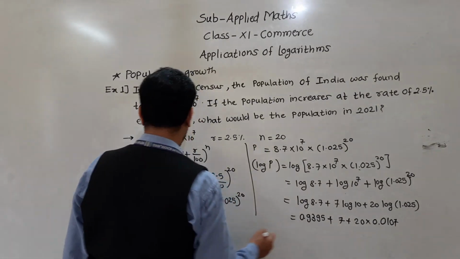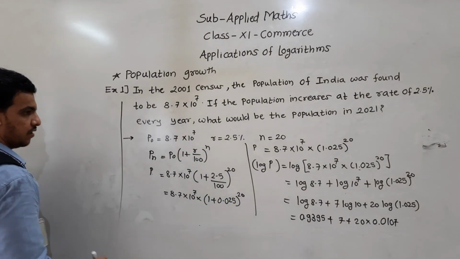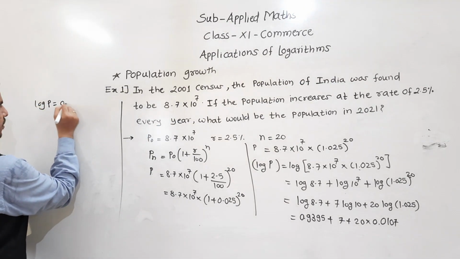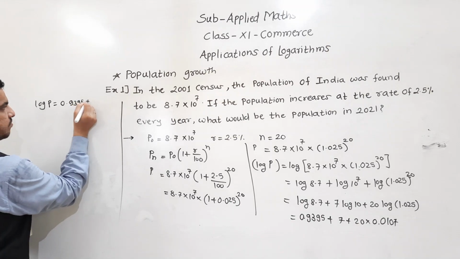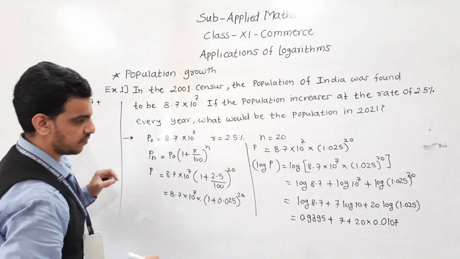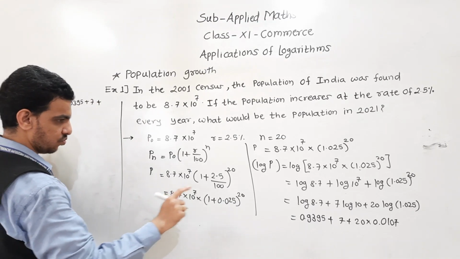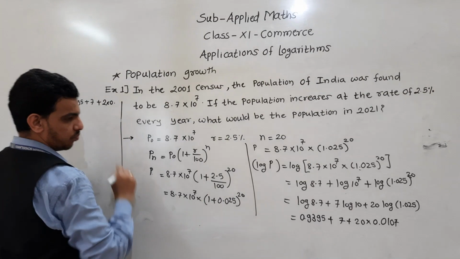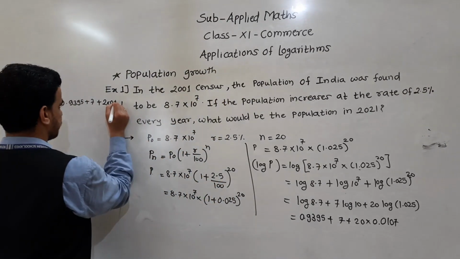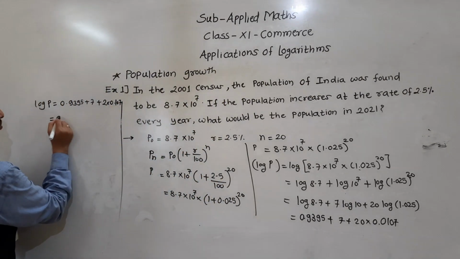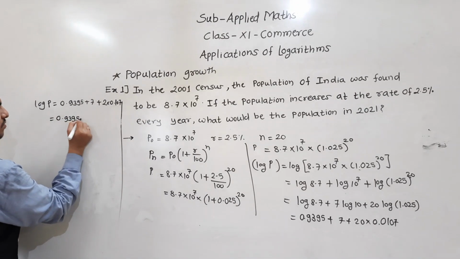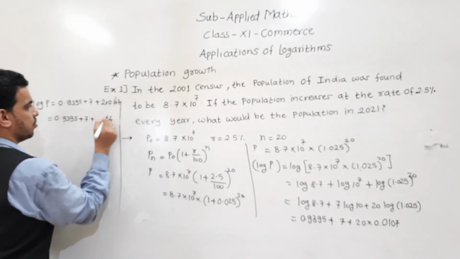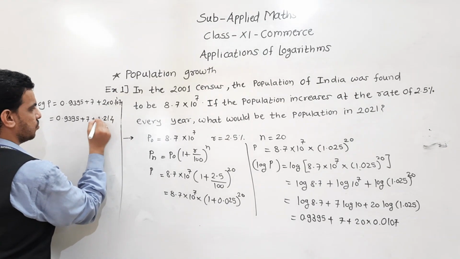Now we have to simplify this. Log of P is equal to 0.9395 plus 7 plus, if you multiply this by 20, the decimal point is shifted by 1, it is 2 multiplied by 0.107, so 0.9395 plus 7 plus 0.2140.